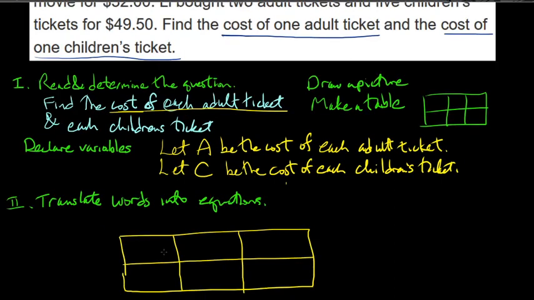Most of these word problems, this is the table you want to make here. Okay, so let's start with the columns. For the columns, we have the cost of the adult tickets, I can abbreviate, and then the cost of the children's tickets.